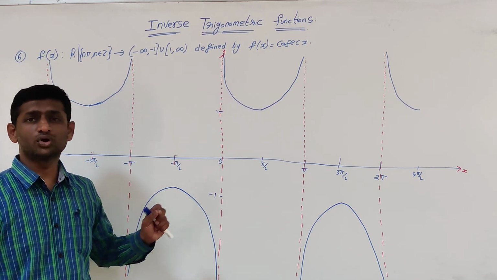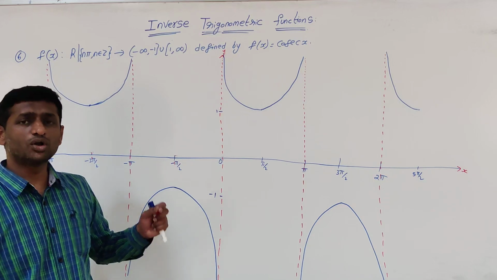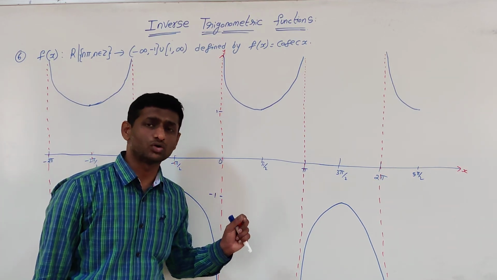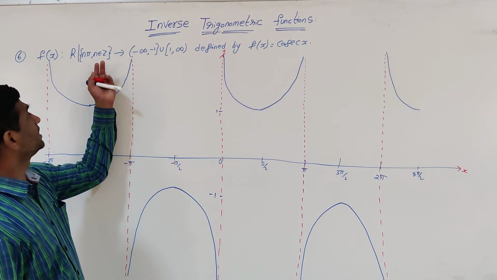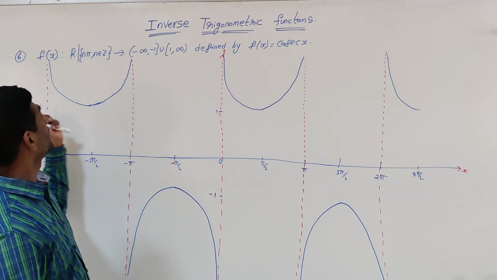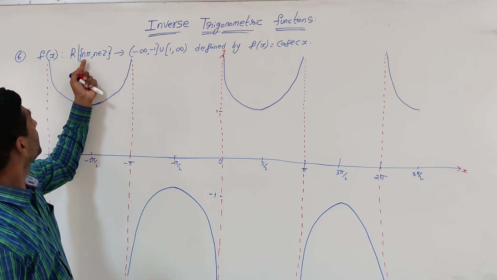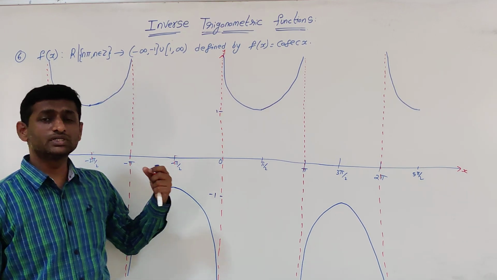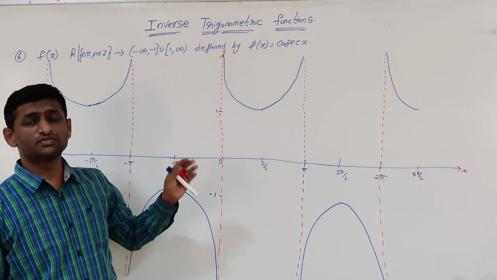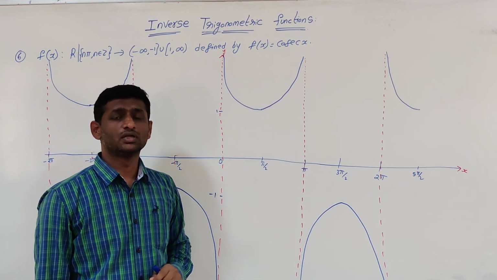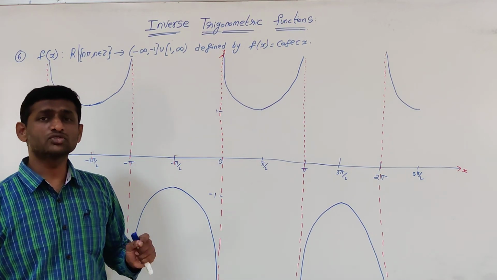Therefore it is not a one-one function. In order to be a one-one as well as onto function, we have to restrict the domain from R excluding n pi, so that the function is one-one as well as onto.